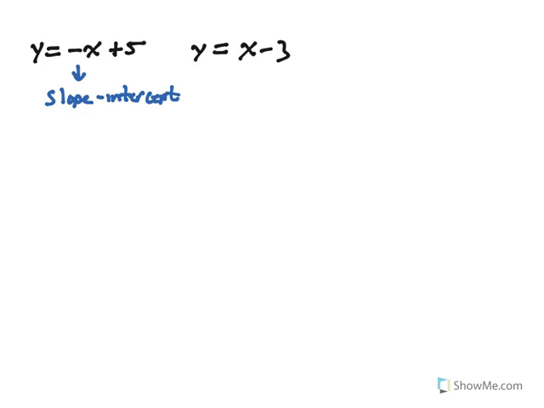So that means that you do not have to solve anything for y. The y is already there. You see that? Y equals. So the good news is that you can just start graphing these immediately. So let's take a look at that on the next slide.